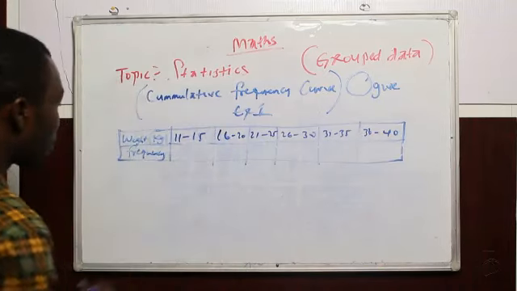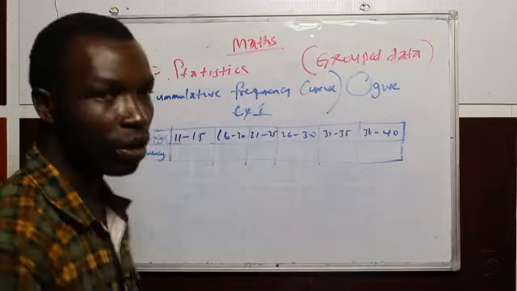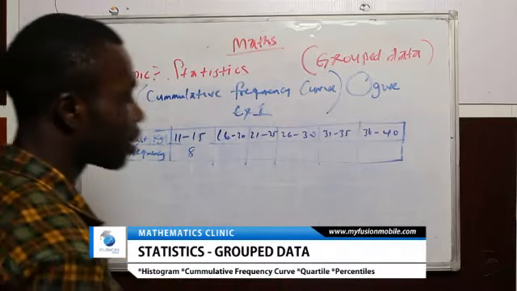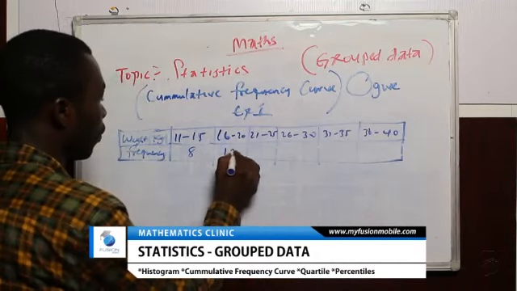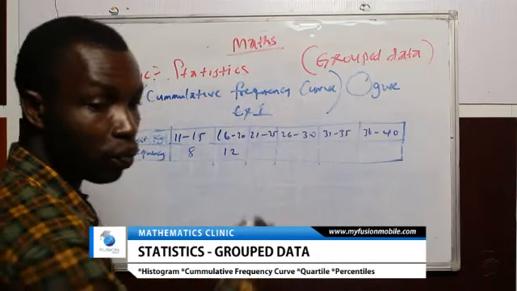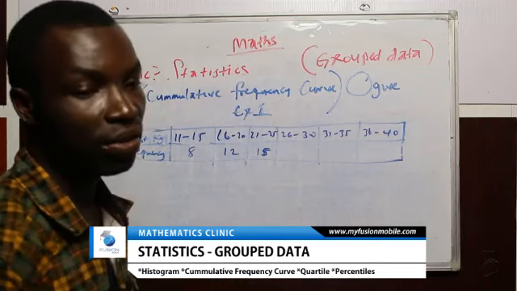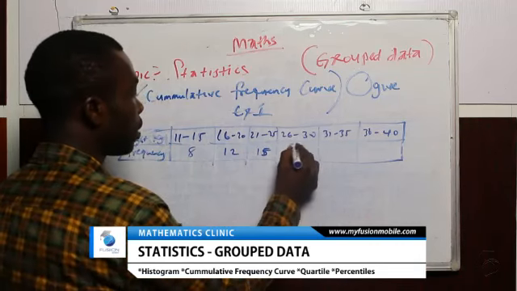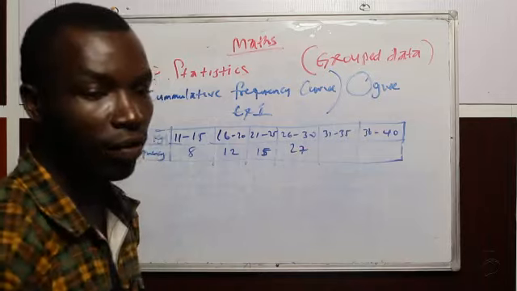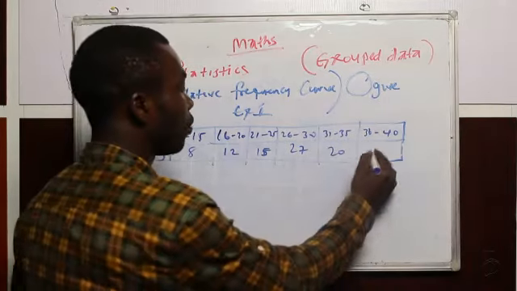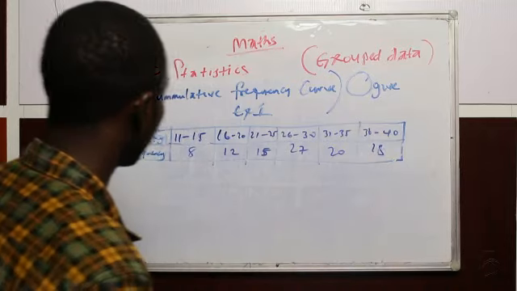What is this frequency between 11 to 15? How many people weigh 11 to 15? We have 8. 16 to 20, we have 12. 21 to 25, we have 15. Then 26 to 30, we have 27. 31 to 35, we have 20. Then 36 to 40, we have 18.